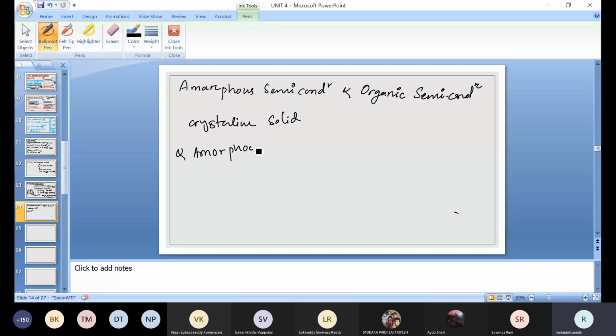Characteristic geometrical form means what? As I told you, they possess a particular crystal structure like FCC, BCC, hexagonal close packing, like that. So they have a characteristic, or we can say definite, geometrical shape.